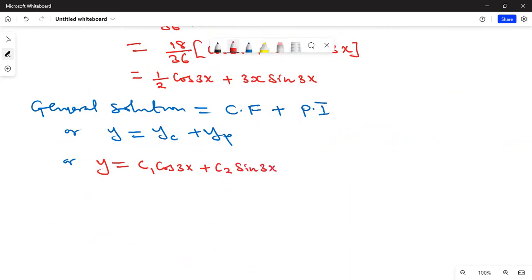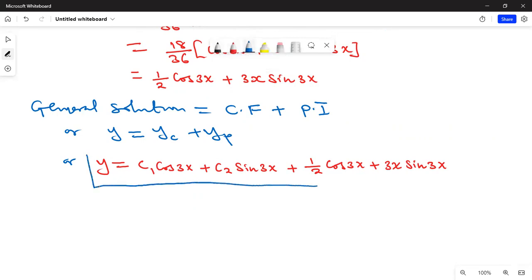Then the particular integral we have found, 1 over 2 cos 3x plus 3x sine 3x, where C1 and C2 are arbitrary constants. So this is the general solution.